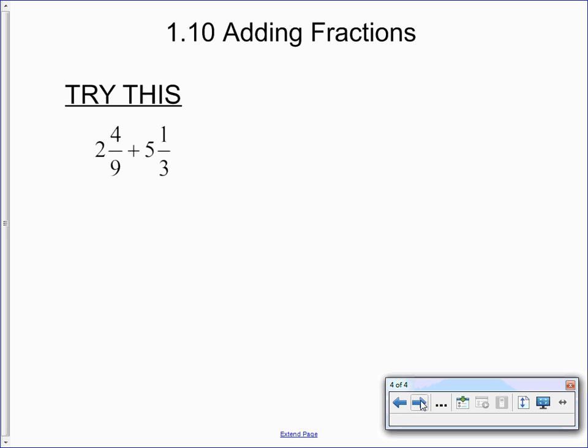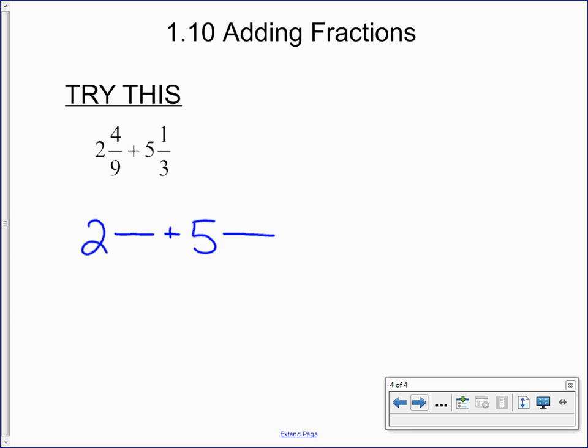Okay, hopefully you left the mixed numbers as mixed numbers and set it up something like this. 9 and 3 are the denominators.